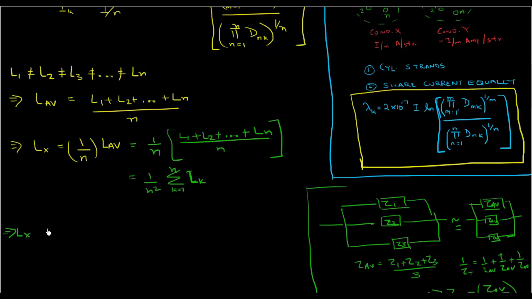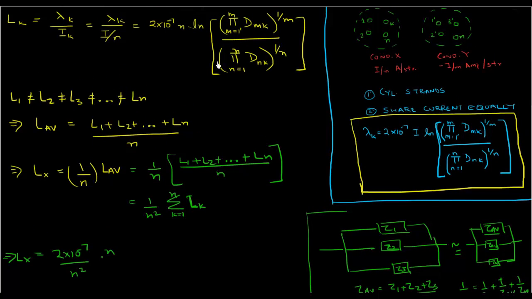L of x is going to be 2 into 10 to the power minus 7 divided by n square, that's this n square, times, if we go back up here, that's that n.